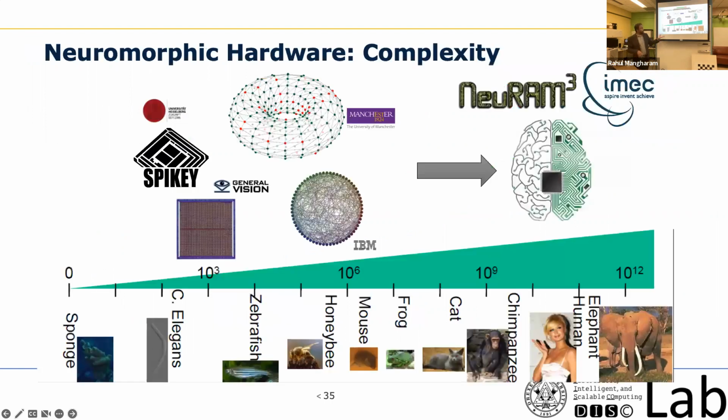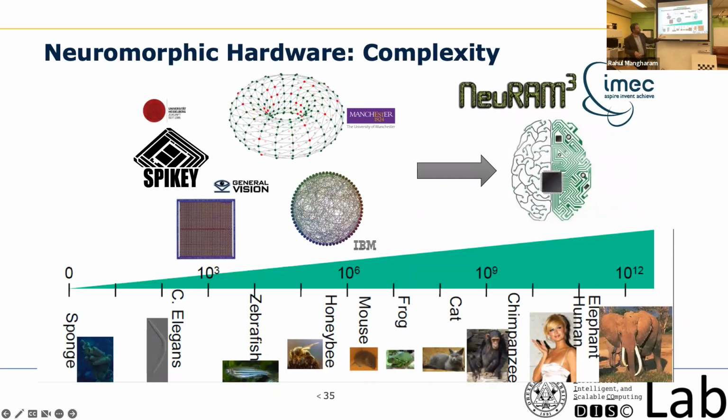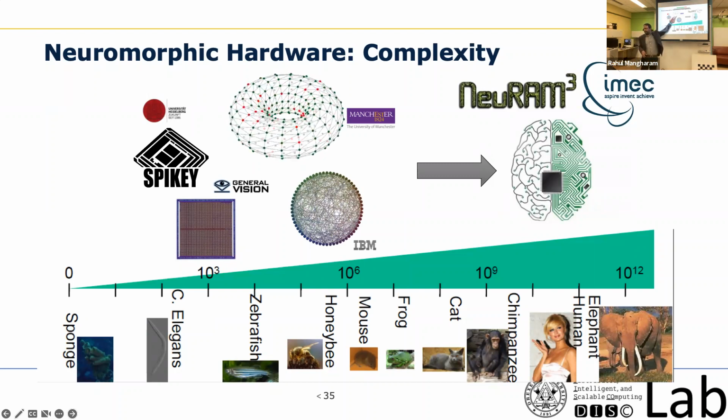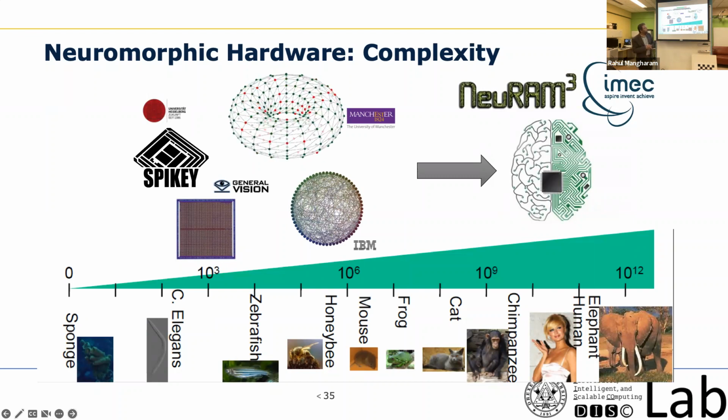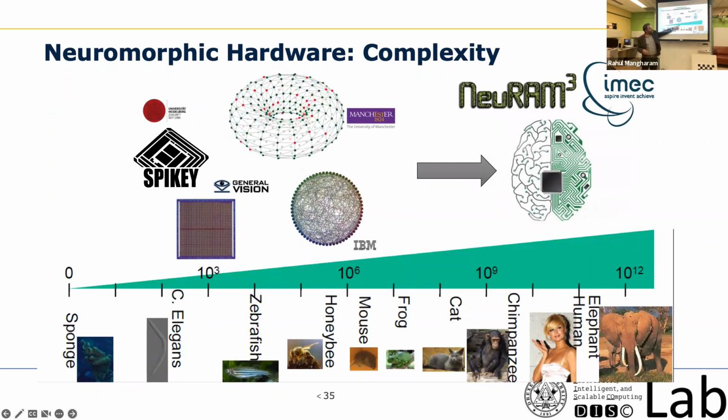These are the different chips that have been proposed so far, shown in terms of the number of neurons. This circular one is SpiNNaker from the University of Manchester, one of the most famous neuromorphic hardware. This is IBM's TrueNorth, which is also very important. For all of these, the number of neurons is 1 million.